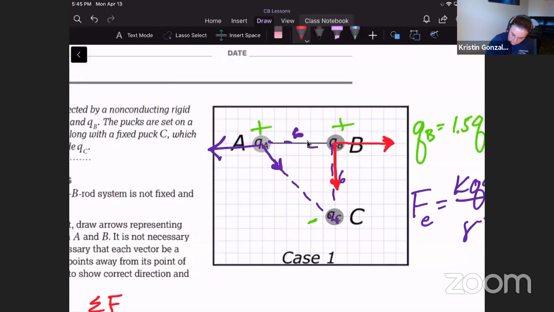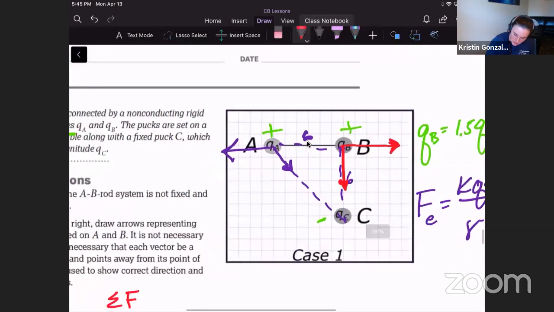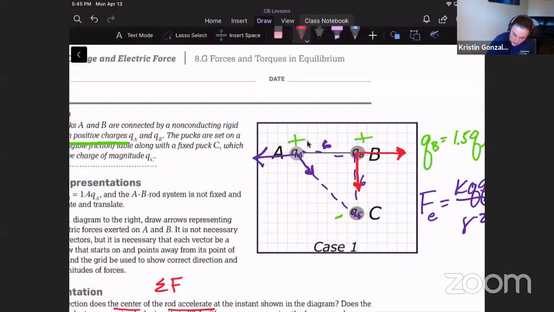Okay, well, if we look at our A and B, if this is a positive rightward force and this is a leftward force that we could say is negative, and we know they're equal in magnitude, then if I added the force due to A and B to A, those would equal 0.